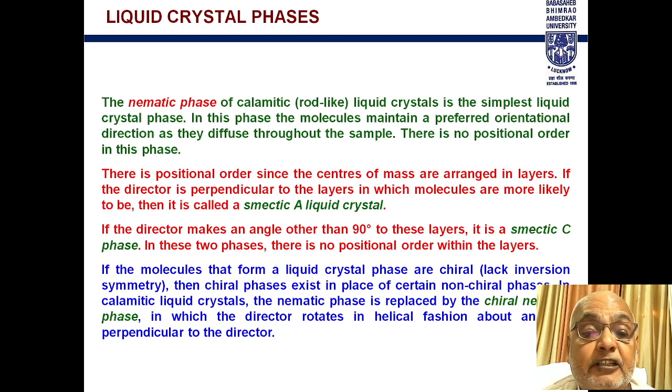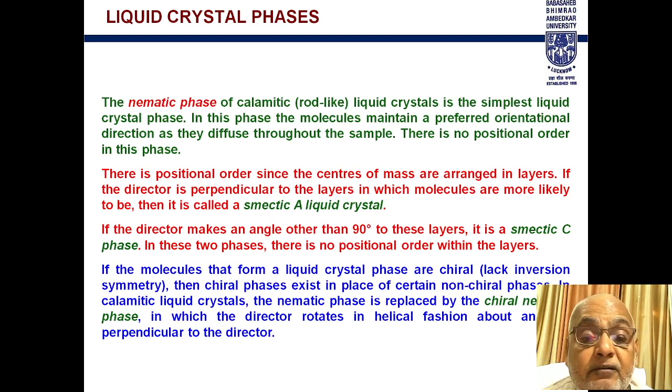In the smectic phase there is positional order, since the centers of mass are arranged in layers, and if the director is perpendicular to the layer in which molecules are more likely to be, then it is called a smectic A liquid crystal. If the director makes an angle other than 90 degrees to these layers, it is a smectic C phase, and in these two phases, there is no positional order between the layers.